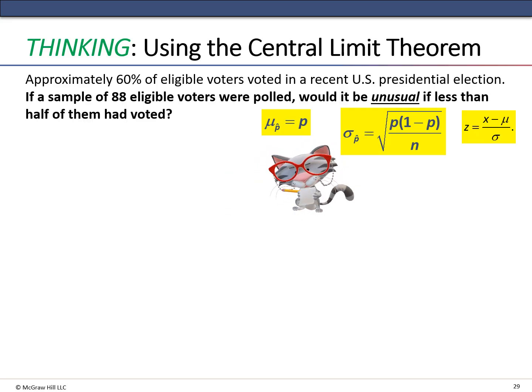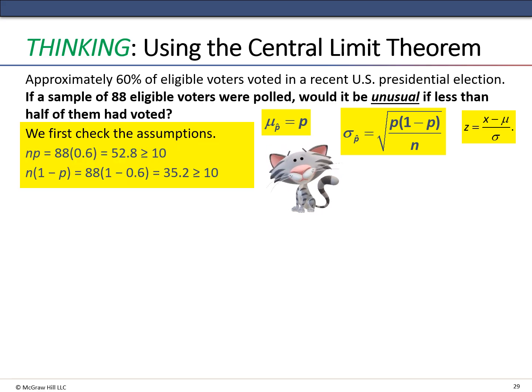The first thing we want to do is make sure we can use the sampling distribution, the normal curve. So we check n times p. Our sample size is 88 times our population proportion, which is 0.6 because it's 60%. We can see that that is 52.8, so it's greater than or equal to 10.